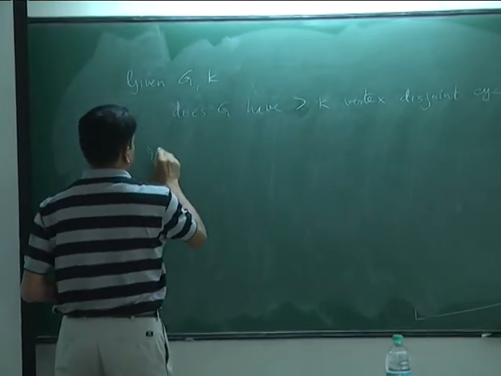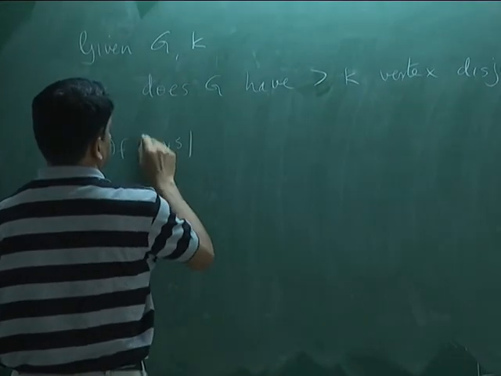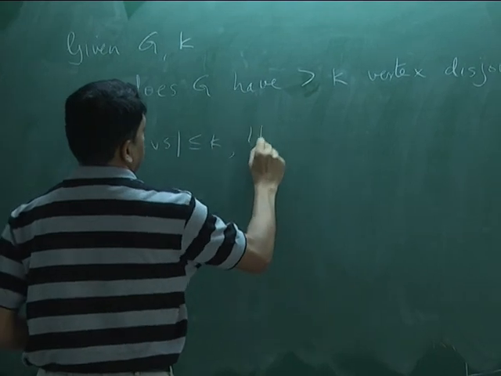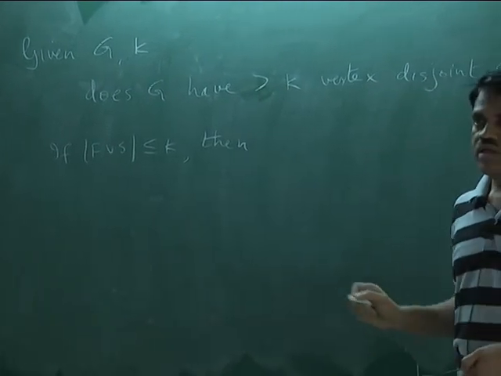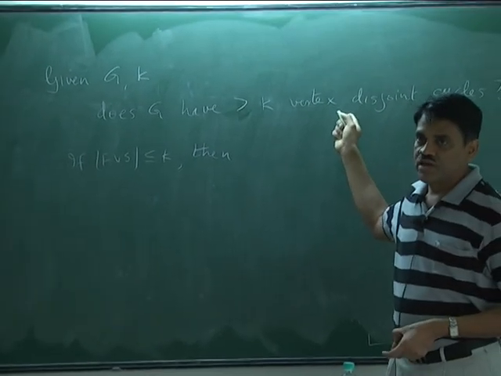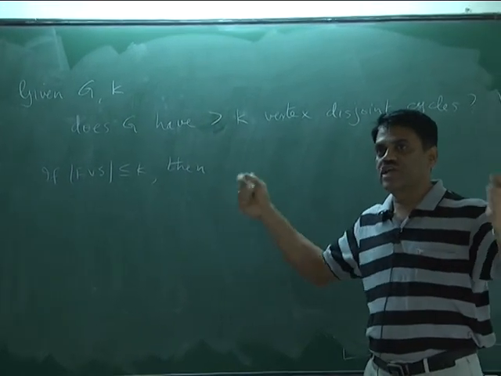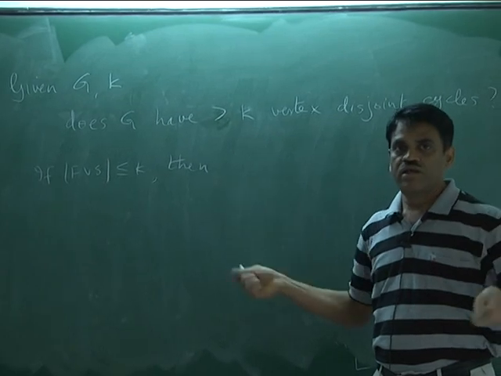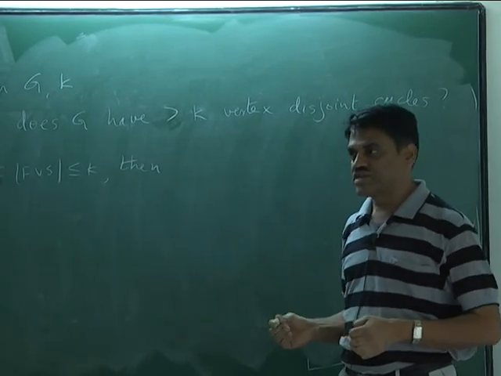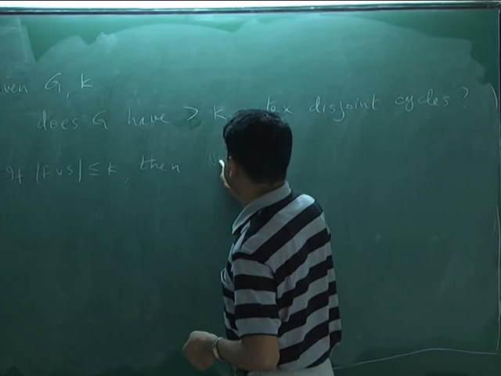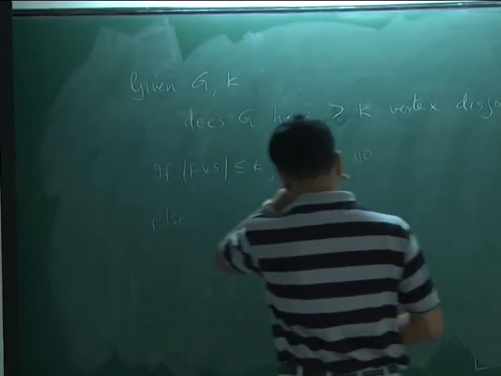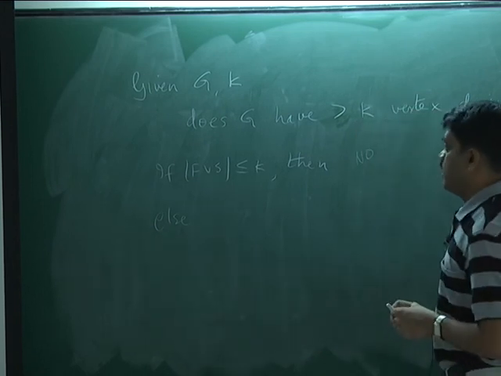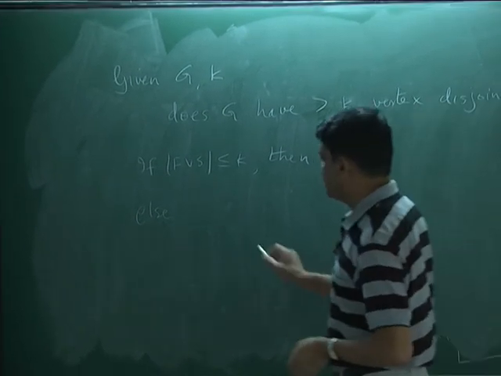If FVS size is more than k, then it is a no instance, because if you have k vertex disjoint cycles, you need to kill one vertex from each of these. So, if feedback vertex set size is more, then it is no, else you need some more work.